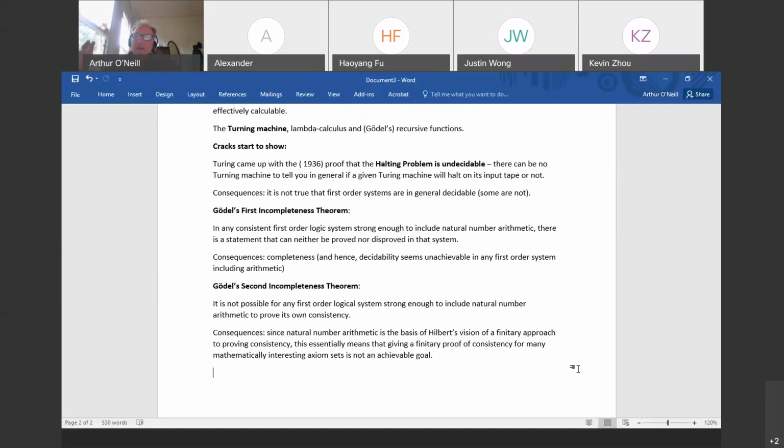It turns out you can use stronger systems, but the stronger systems aren't what Hilbert would call finitary. They have to use infinities that are bigger than just the infinitude of the natural numbers. Just going beyond our course by a long stretch.